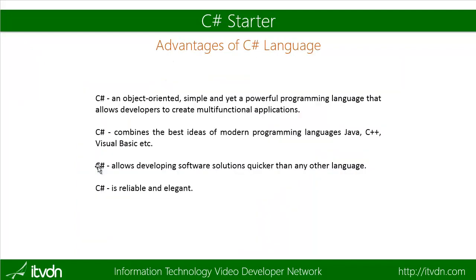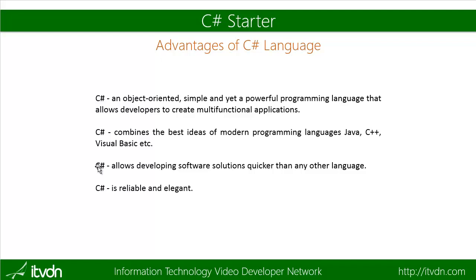Next, we looked at some of the advantages of C#, and you remember it's an object-oriented, simple and yet powerful programming language. Object-oriented meaning representing physical objects in the real world as virtual objects in your computer. So that's a very important thing. It's very useful for engineers, doctors, and a lot of professions.